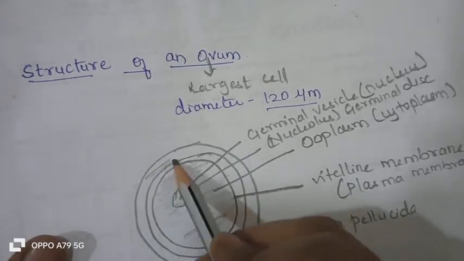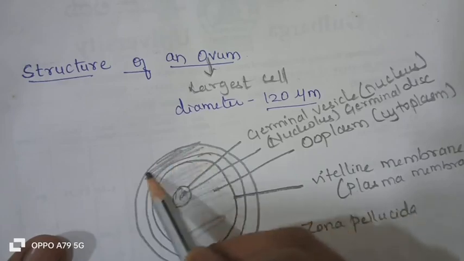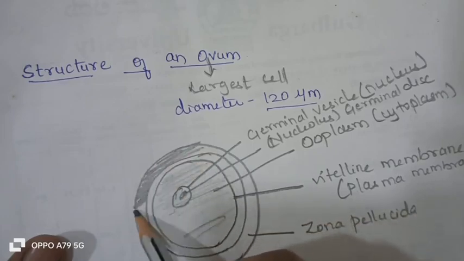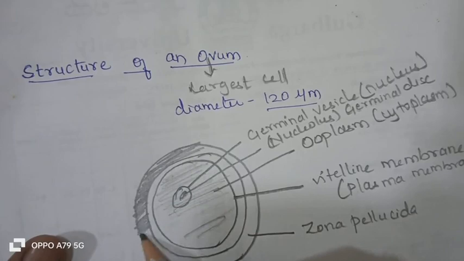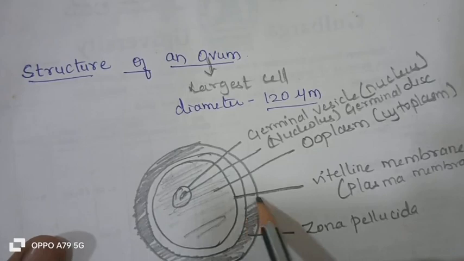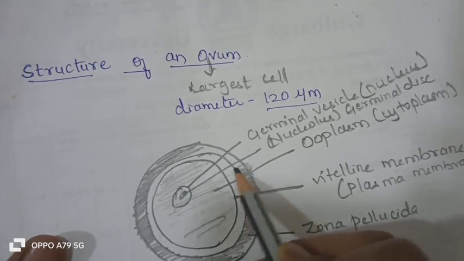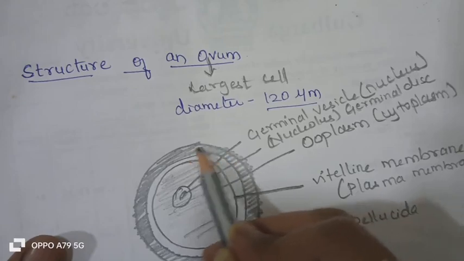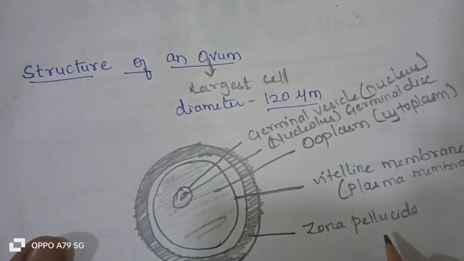This zona pellucida layer, I am going to shade roughly so that it will be clear for you people to identify. So this one is the zona pellucida. Zona pellucida is a thick layer.